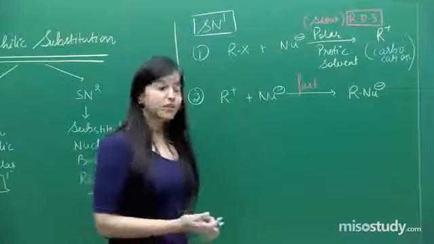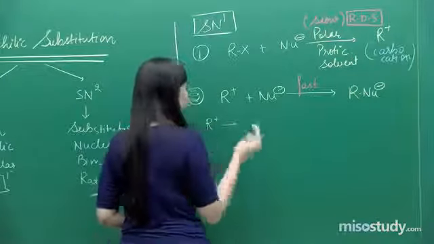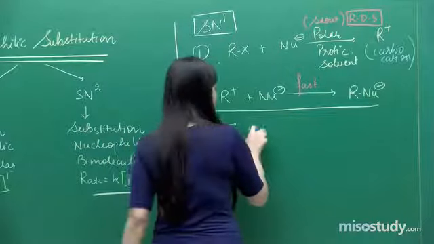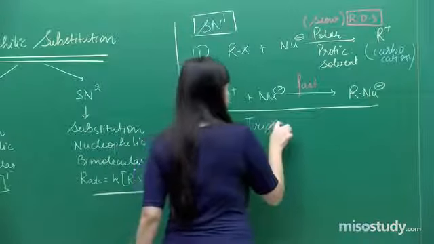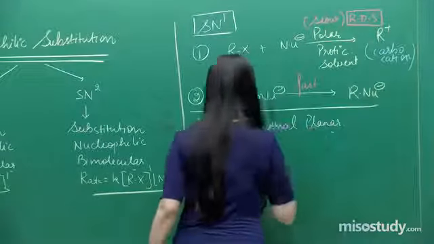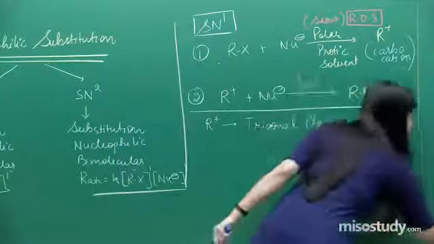What are the specifications for SN1 now? R positive, the carbocation, right? The geometry is trigonal planar. It is somewhat like this. Let me just make that again.